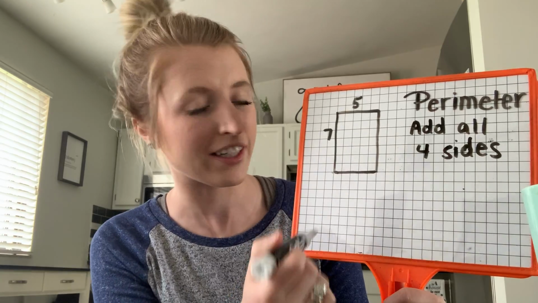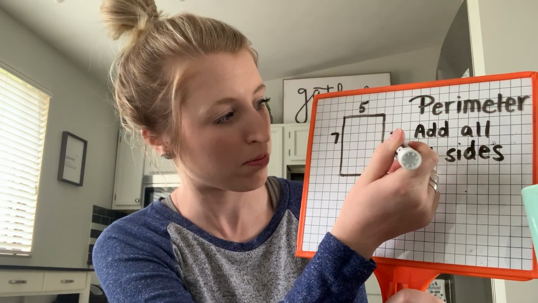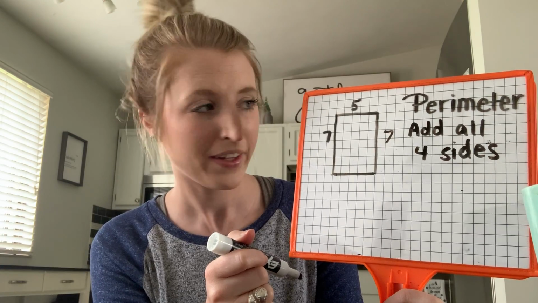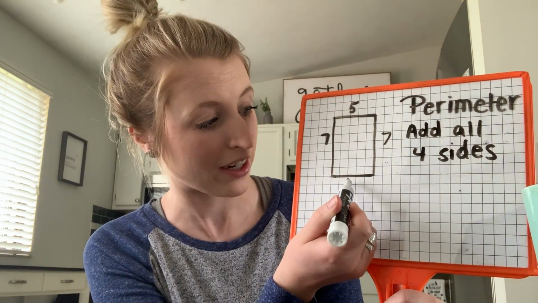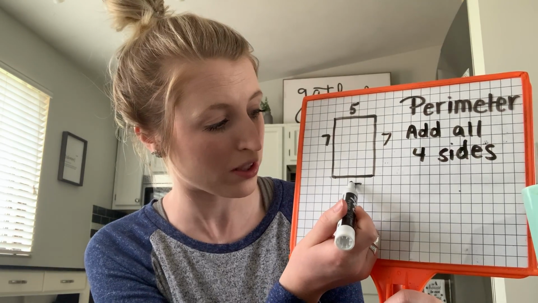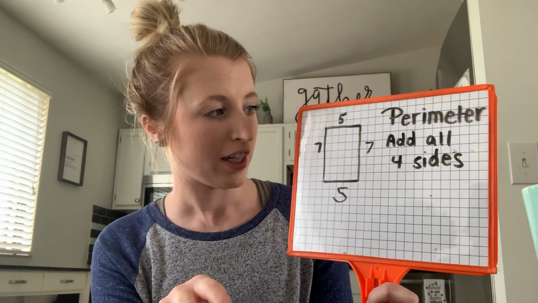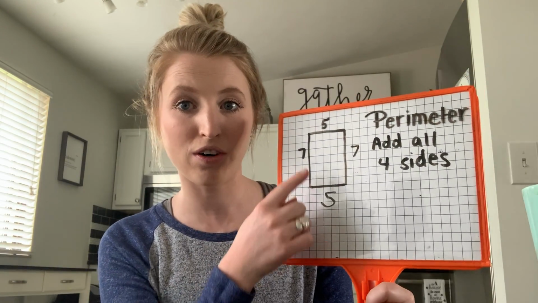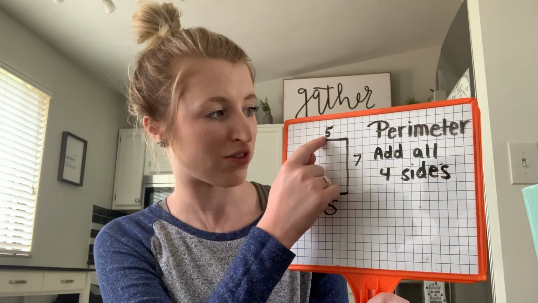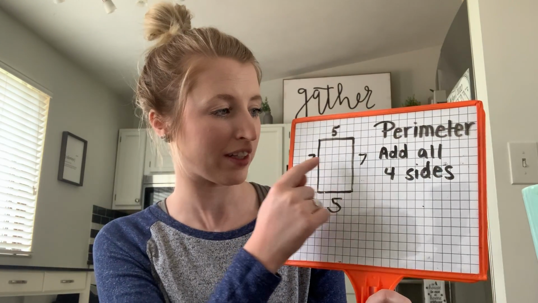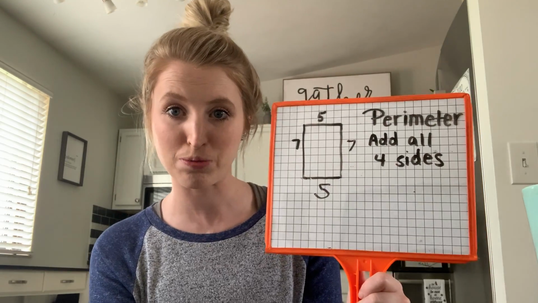If this side is 7, that means that this side would also be 7, okay? And if the width up here is 5, that means that down here, this side would also equal 5. So again, we're just reviewing perimeter. Now I have to add all four of these sides. So I have to do 5 plus 5 plus 7 plus 7. And that's how I find the perimeter of this rectangle.